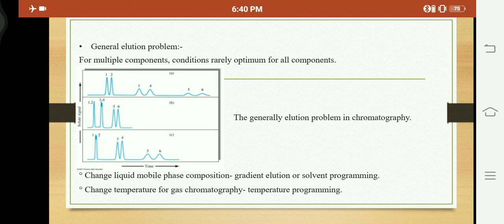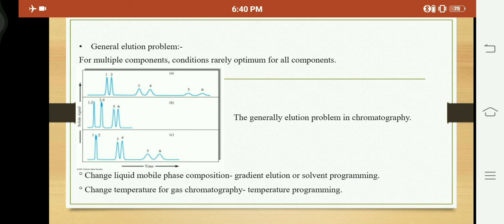The corresponding factors of the other two pairs are however far larger than the optimum. Thus the peaks of 5 and 6 appear only after a long time, and these peaks are so broad that they are difficult to identify, as shown in the chromatogram.